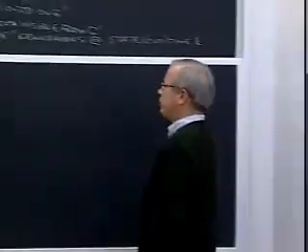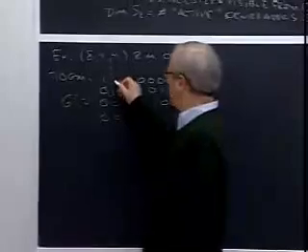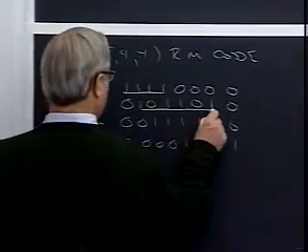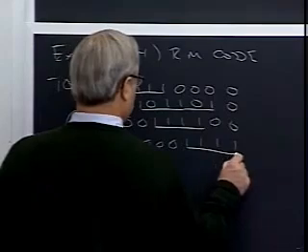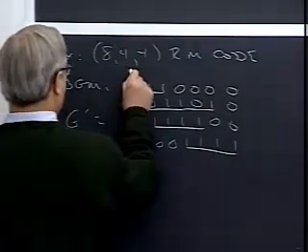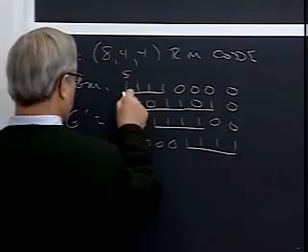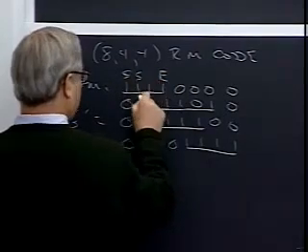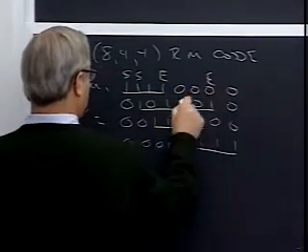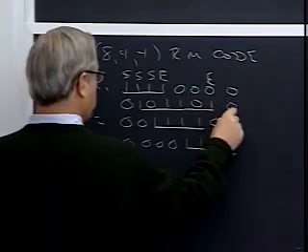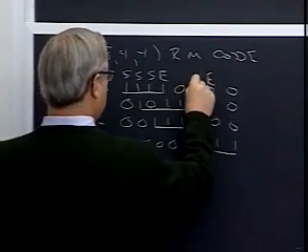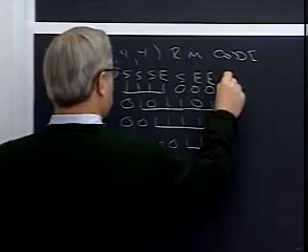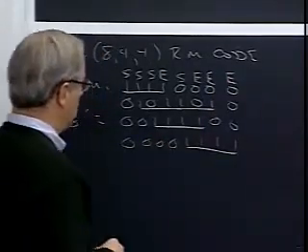For example, here's a trellis-oriented generator matrix. The spans of the generators are like this: there's the starting time of this one and its ending time, here's the starting time of the next one and its ending time, the starting time of the next one and its ending time is here, and the starting time of this one and its ending time is here.